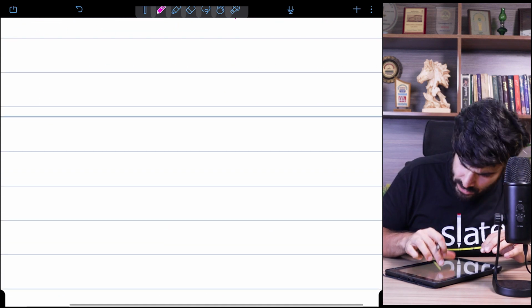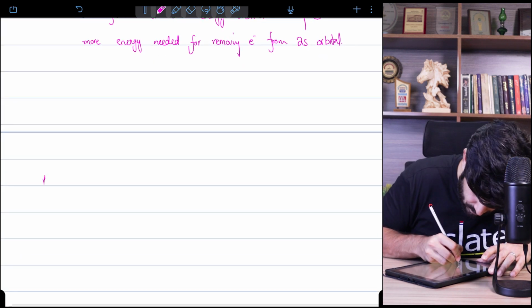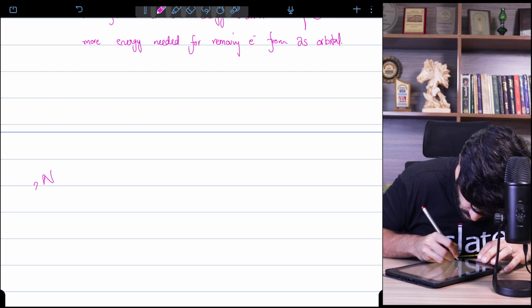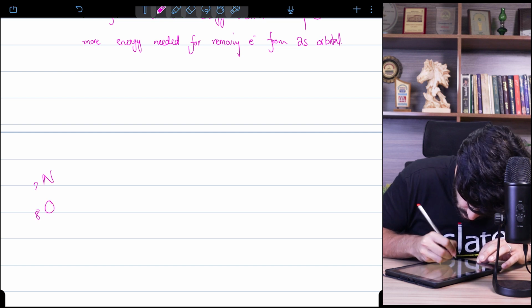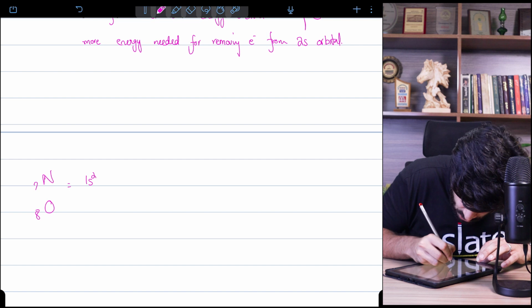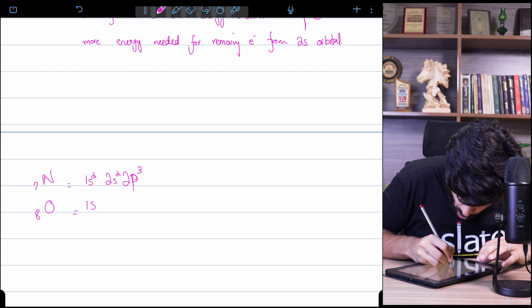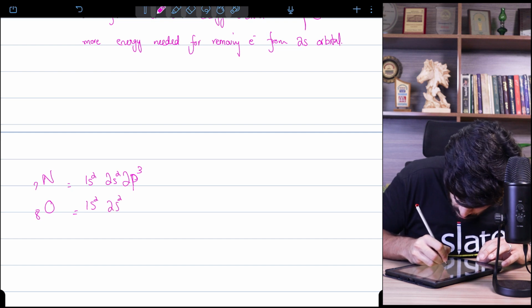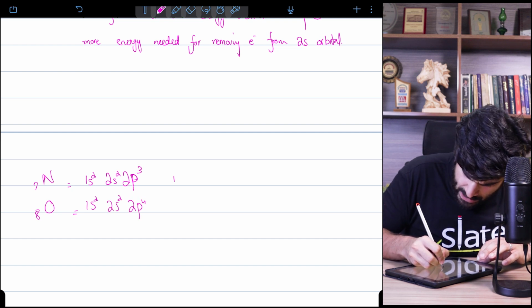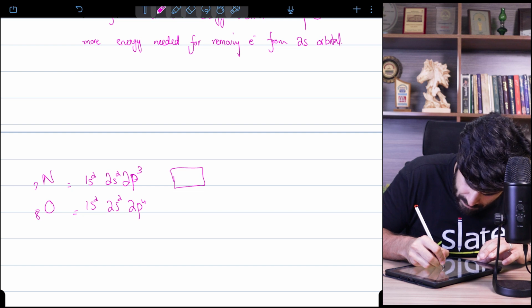So let's draw nitrogen: 1s2, 2s2, 2p3. And oxygen: 1s2, 2s2, 2p4. Let me make the p orbital here.